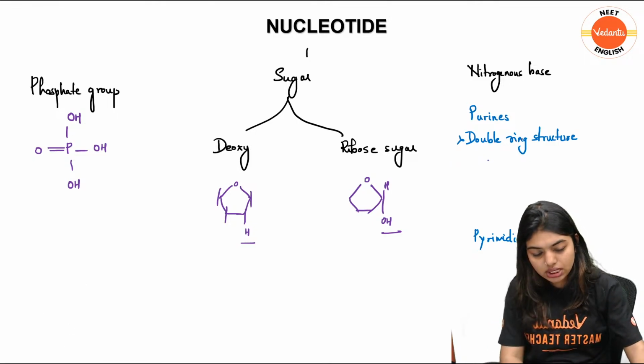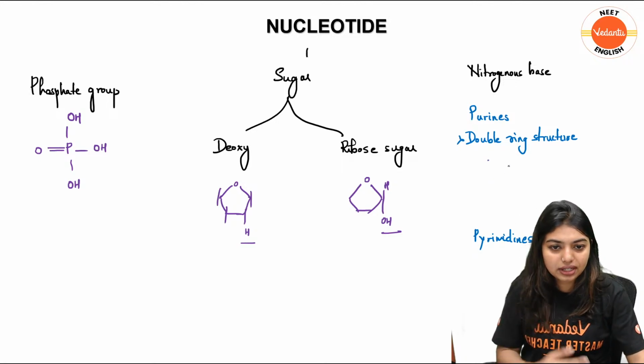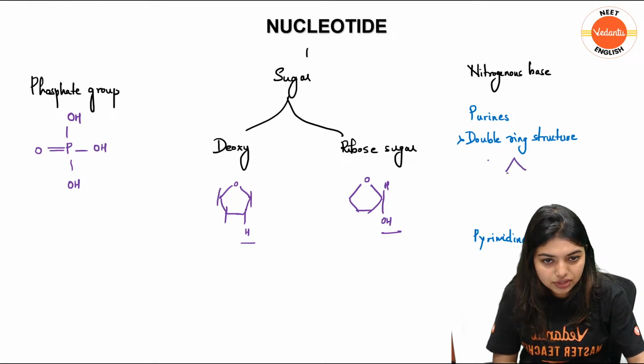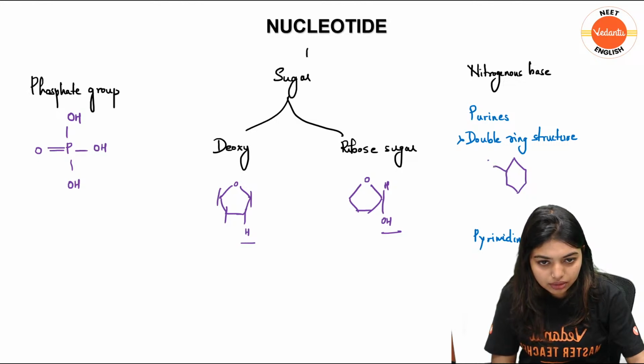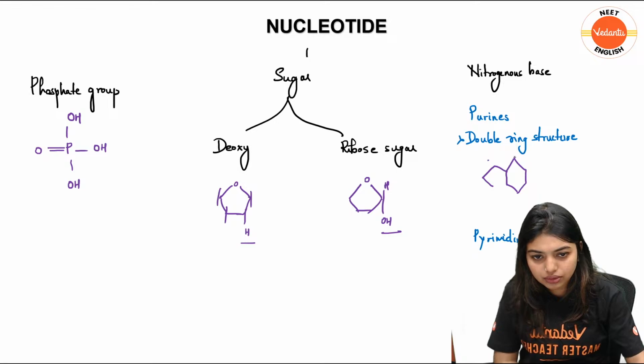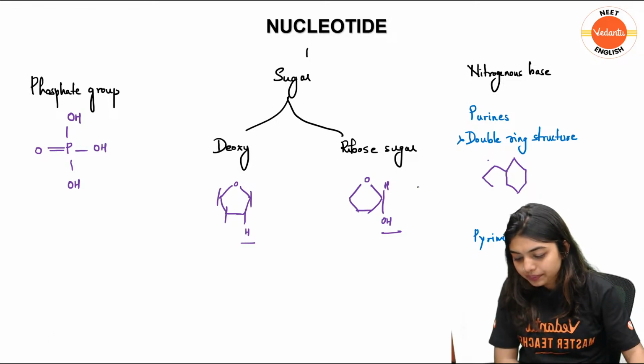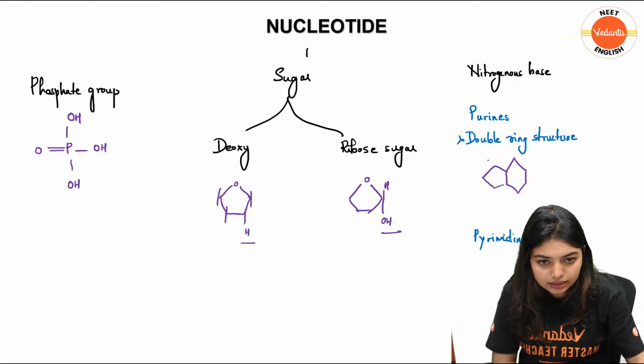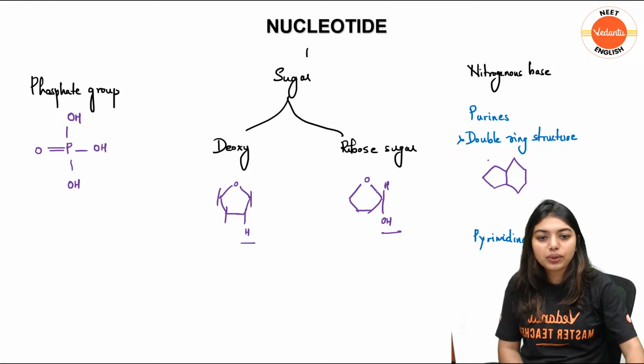So maybe it looks difficult in the starting, but it's not that difficult, students. First you draw a 6-ring structure. Then from here you draw like this. Just connect this. So now we have to start counting.